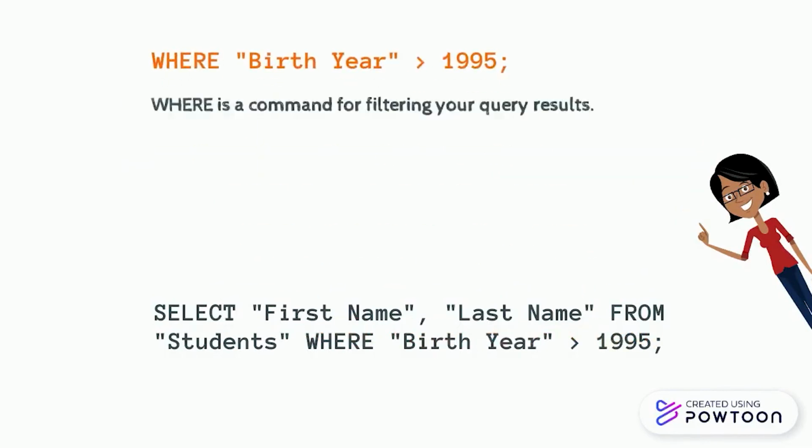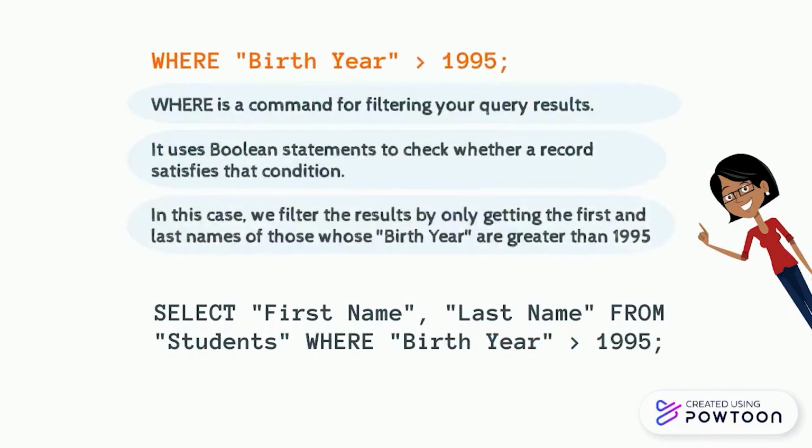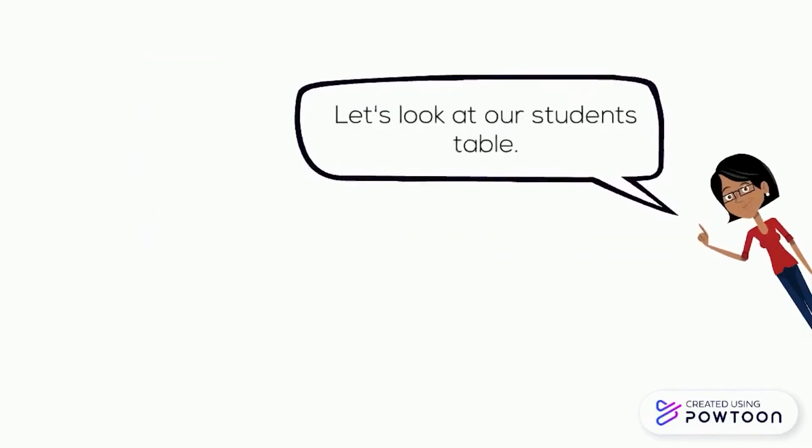Where is a command for filtering your query result. It uses Boolean statements to check whether a record satisfies that condition. In this case, we filter the results by only getting the first and last names of those whose birth year are greater than 1995.